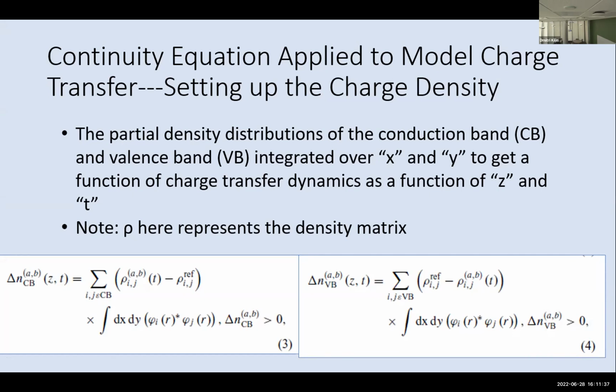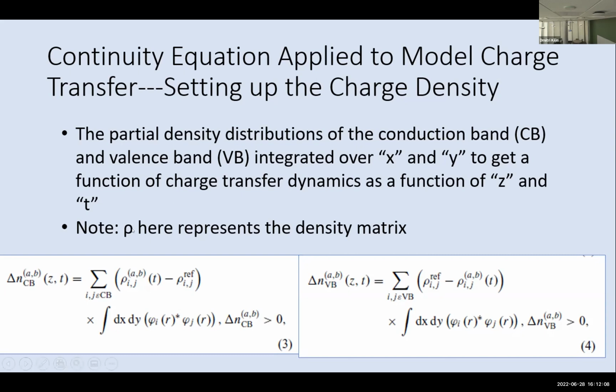Some items of note here: you'll see there's an integration with respect to X and Y. To make our analysis simpler, we are just going to be looking across the Z dimension, since it's easier to do some analysis looking at just one dimension and the time variable. I suppose if you wanted to see how it looked in different dimensions, you could just turn your model around. But for my model, everything was one dimension Z, or the way I expected the charge to transfer was in the Z direction.